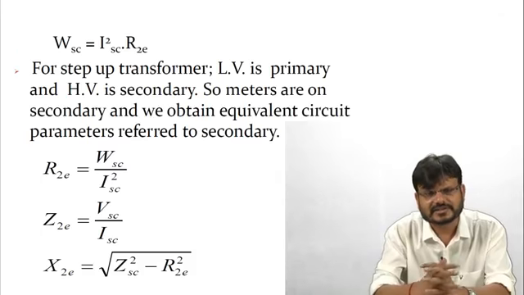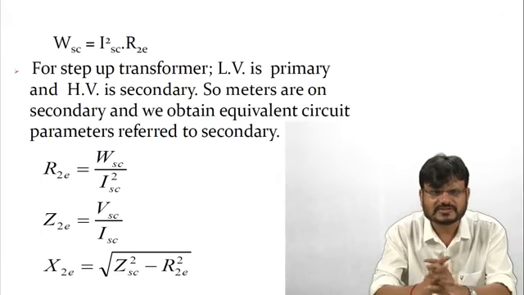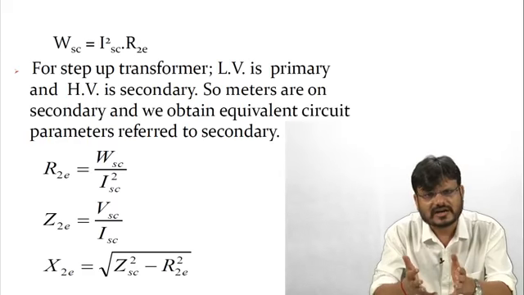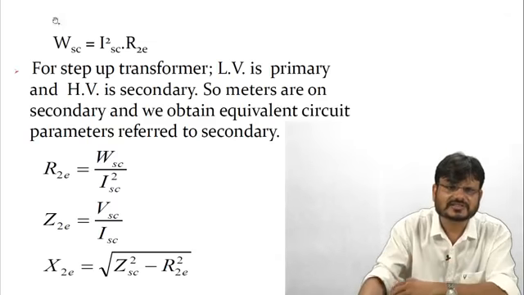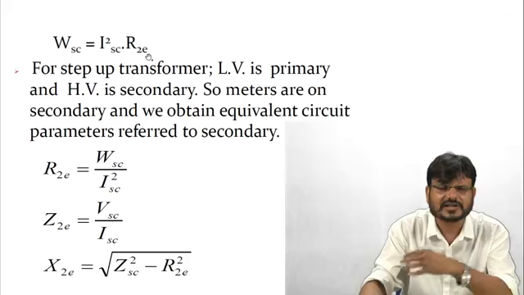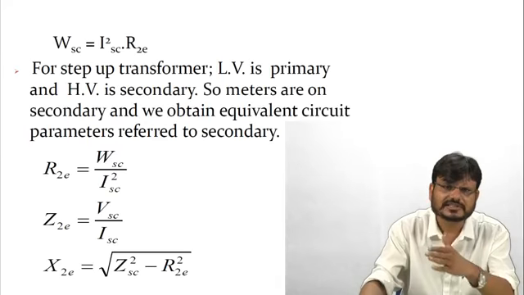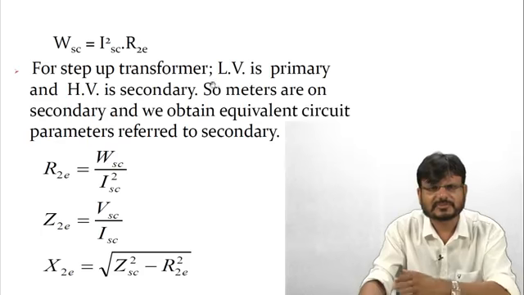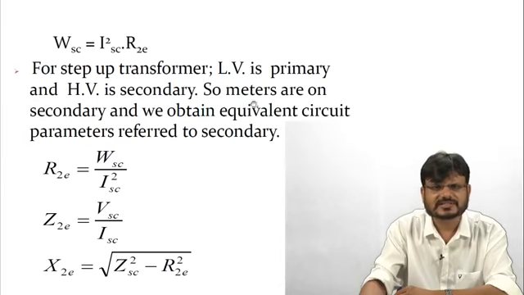Because we are interested to calculate the copper losses, which are called I square R losses, the copper losses can be written as WSC equal to I square SC into R2E, where R2E is the resistance referred to the secondary side. For a step up transformer, low voltage is primary and high voltage is secondary.